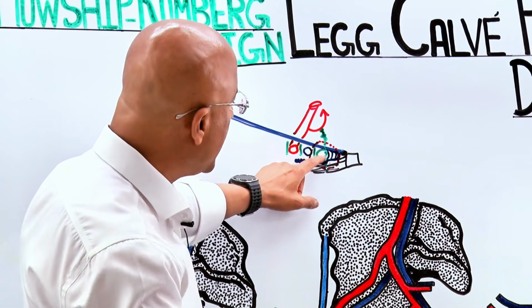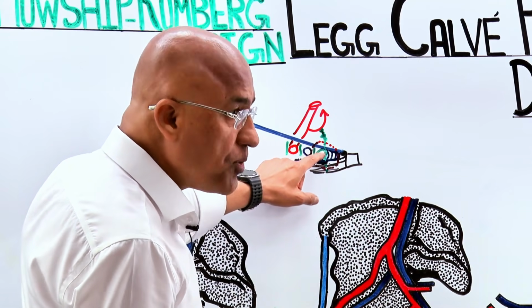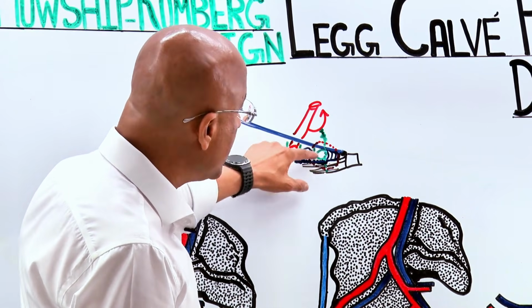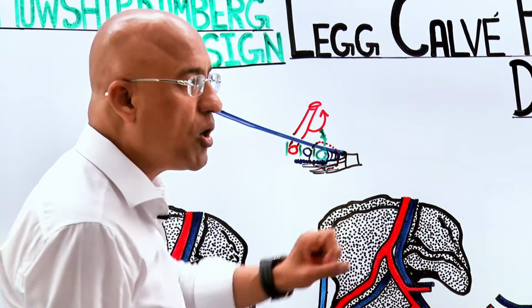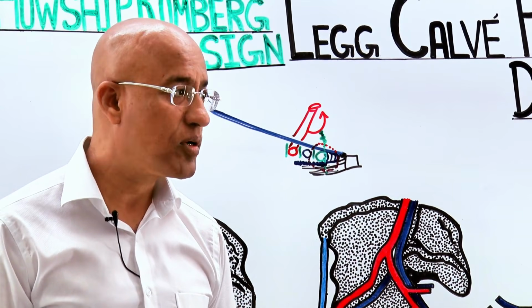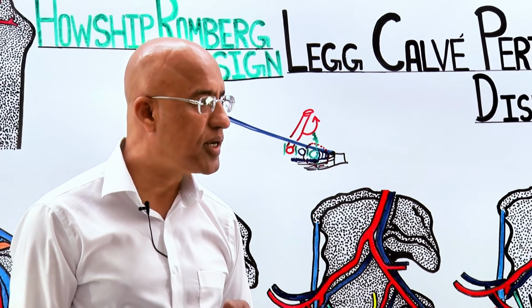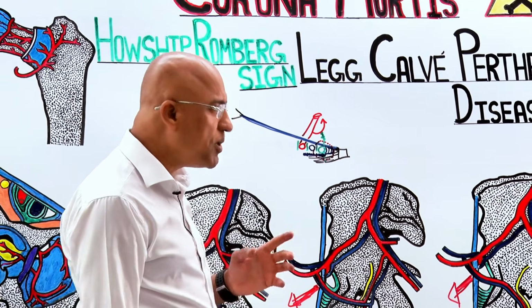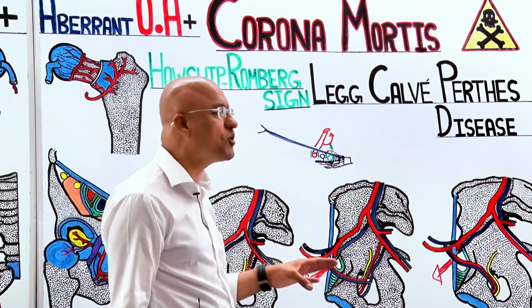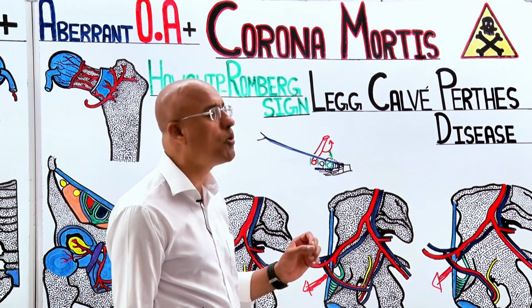I will discuss later. If there is arterial or venous anastomosis in this area, we call it corona mortis, crown of death. Normally there is an anastomosis there, but that is a very humble, meek, innocent anastomosis, with very low blood flow.